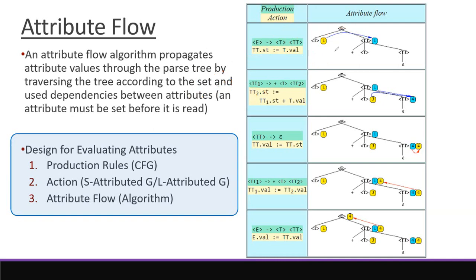Any question here? This is the first one. So this is a production rule defining the function code. If you want to evaluate the subtotal for this one, you need to get the value from this one. So if you want to get the TT2's subtotal, it is the sum of TT1 plus T's value. So TT2's subtotal is the sum of these two.